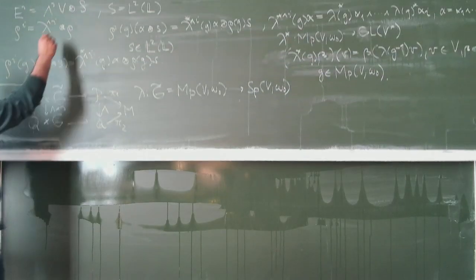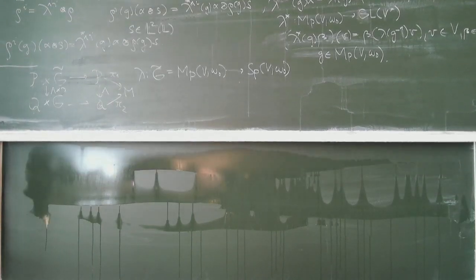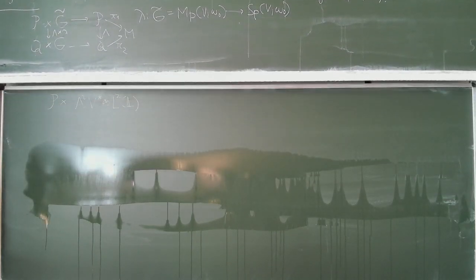I should write here also the dual. Actually, the representation on B dual is equivalent to the representation of B by the identification by omega 0.